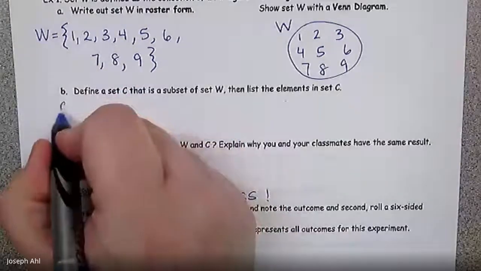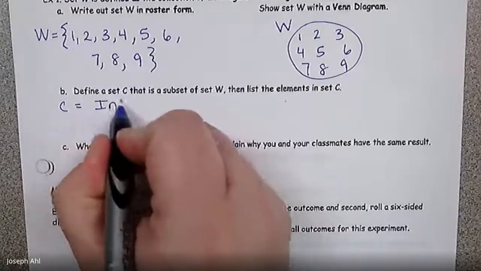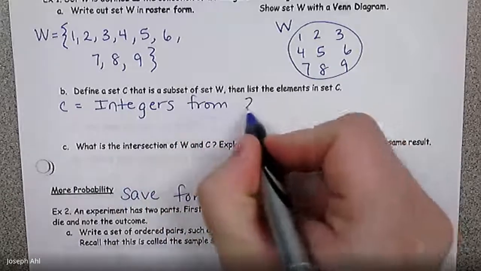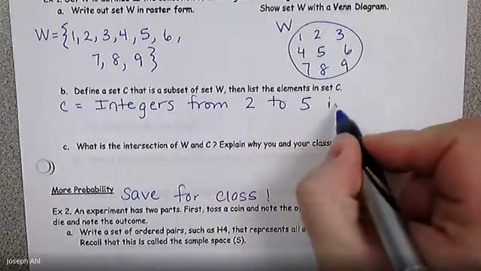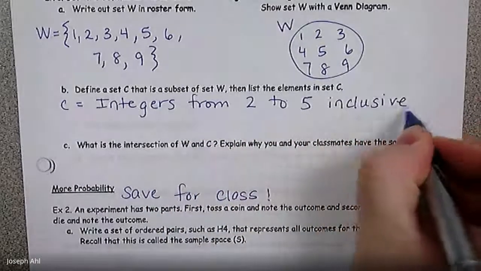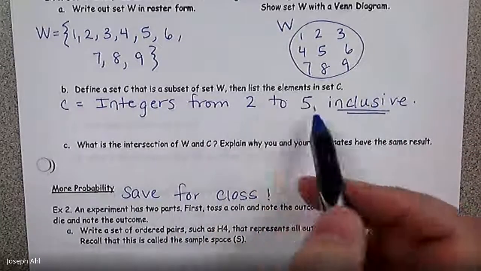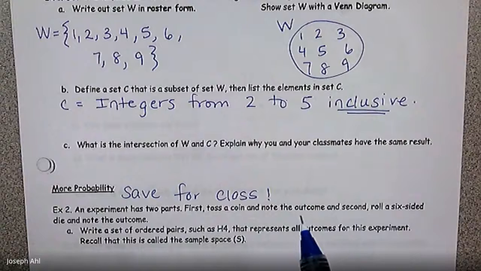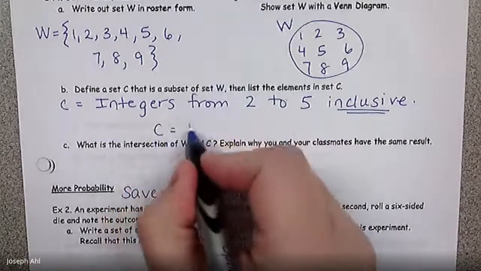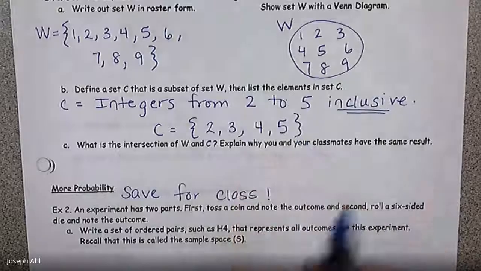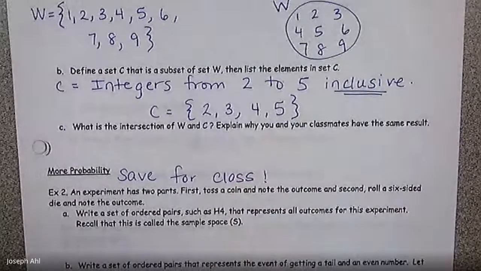So let's say set C is the integers from 2 to 5 inclusive. That term inclusive means that we're including those endpoints 2 and 5. So therefore set C is 2, 3, 4, and 5. That's the way I've defined it.